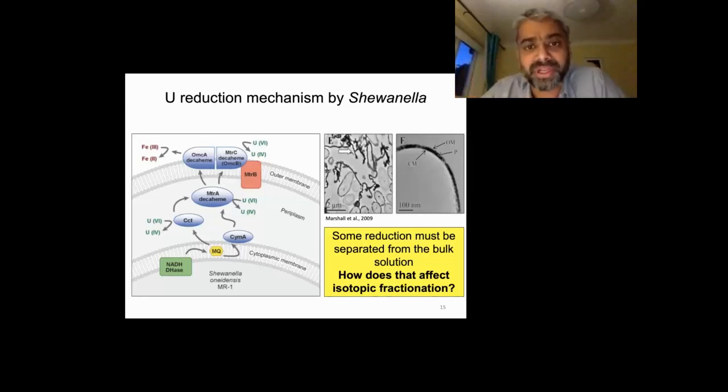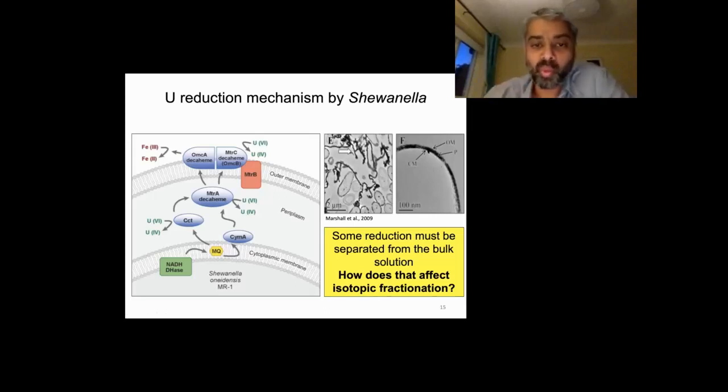So one of the most well-studied strains is Shewanella, and what we know is the enzymes responsible for uranium reduction are either in the periplasmic space between 2 membranes or on the outer membrane. And when you see the reaction products, so these are uranium-4 nanoparticles between cell membranes, and sometimes they're associated with outer membrane enzymes or even with extracellular polymeric substances secreted by the cells.